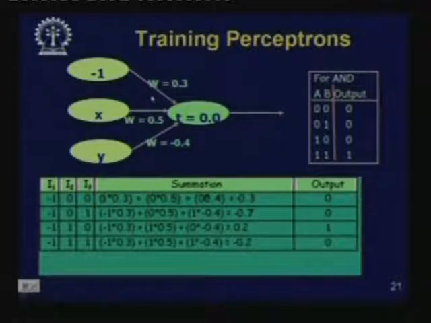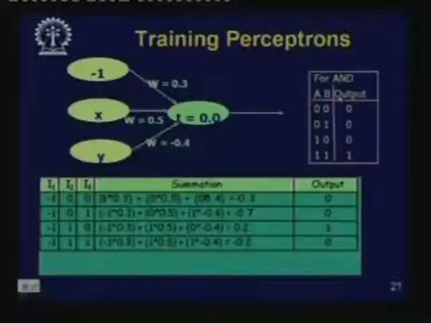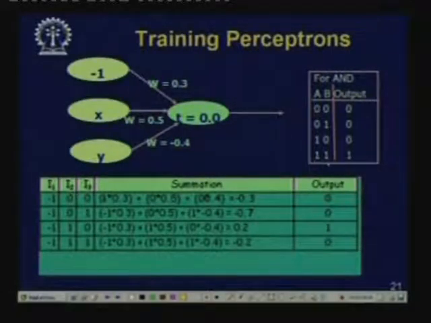Suppose W0 is 0.3, W1 is 0.5 and W2 is minus 0.4. Now, suppose the function that we are trying to learn is the AND function, for which the truth table is given here. If A is 0 and B is 0, then the output is 0. If A is 0 and B is 1, output is 0, and only if A is 1 and B is 1, then the output is 1. In all other cases, it is 0.